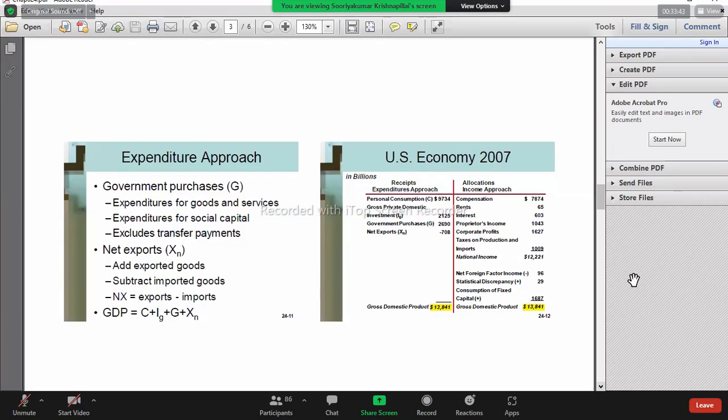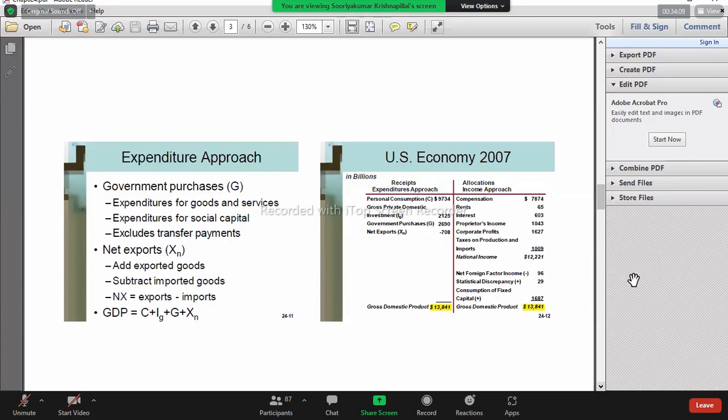But government giving subsidies to people, farmers, poor citizens, those things are not included as government expenditure in the GDP. We should not count that because that is not involved in production.